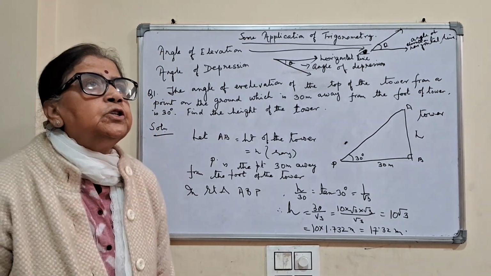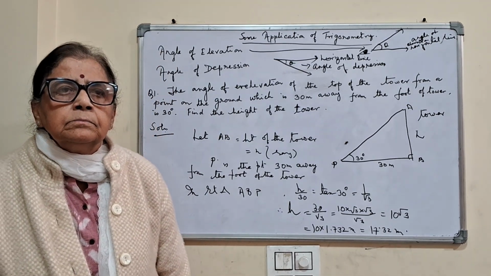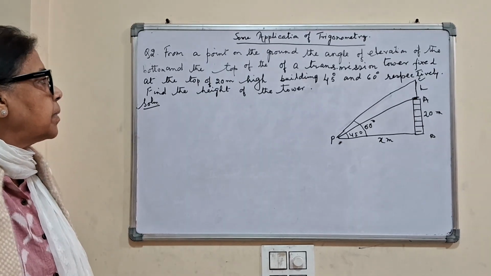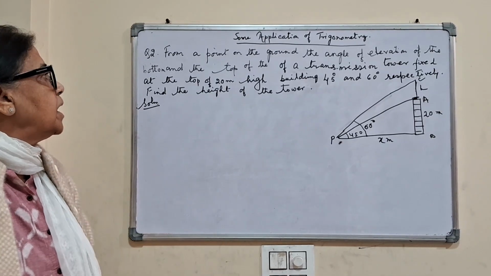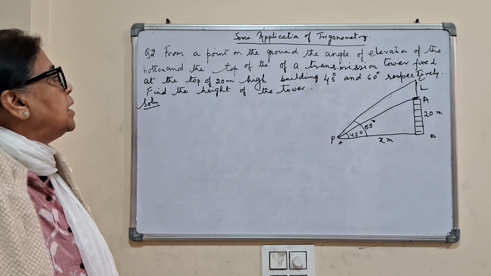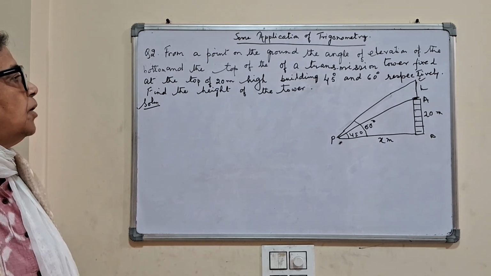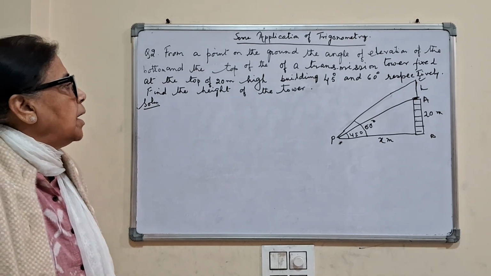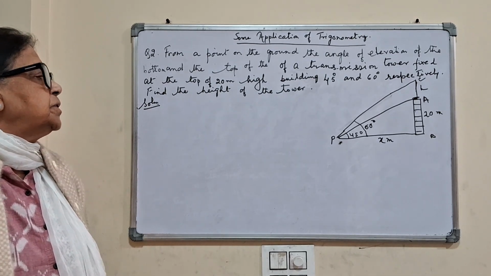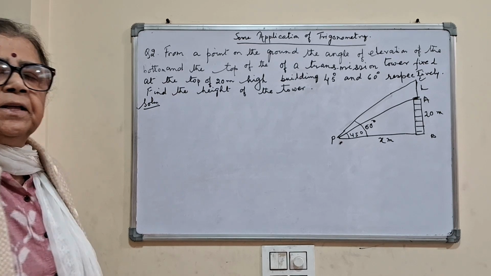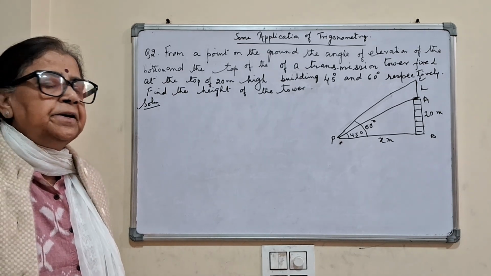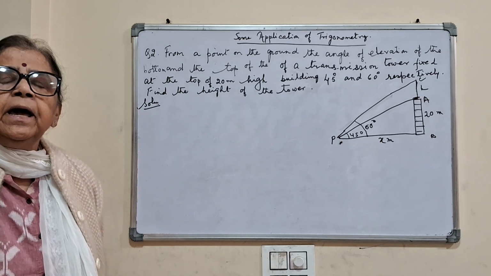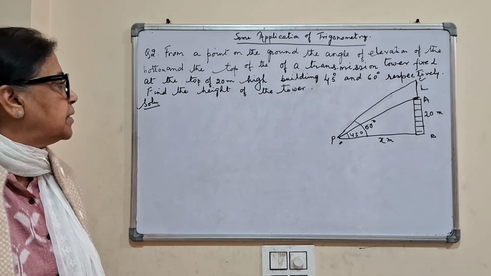Fine. Angle of elevation is that. Okay. The question says that from a point on the ground, the angle of elevation of the bottom and the top of a transmission tower fixed at the top of a building 20 meter high is 45 degree and 60 degree respectively.